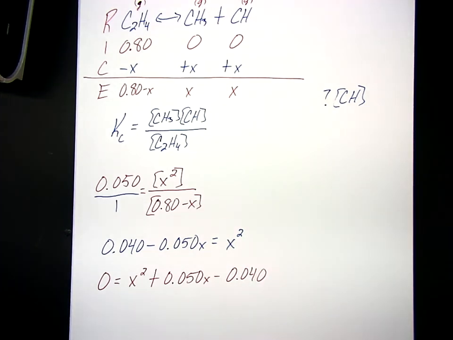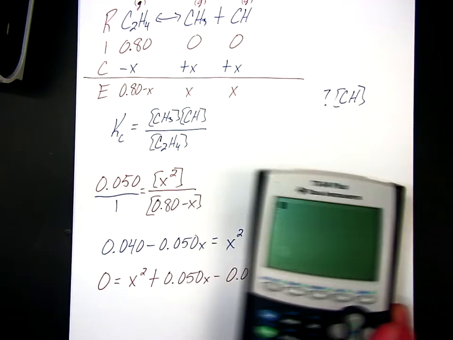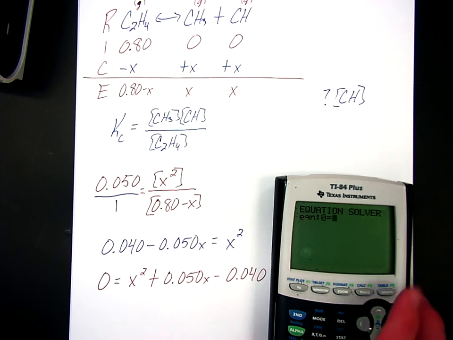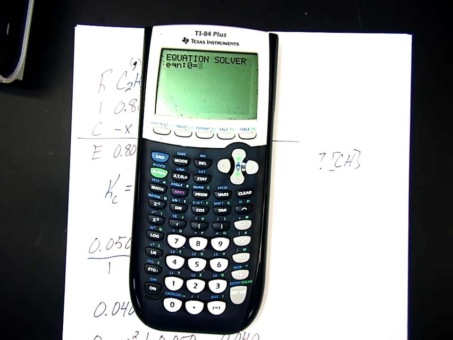And here's where we want to cheat on our calculator, not our calendar. That would be weird. So that we don't have to solve the quadratic, let's take a look at, remember, the buttons to push to do that. I'm going to go math, scroll down to solver, which is the very bottom one, and hit enter.